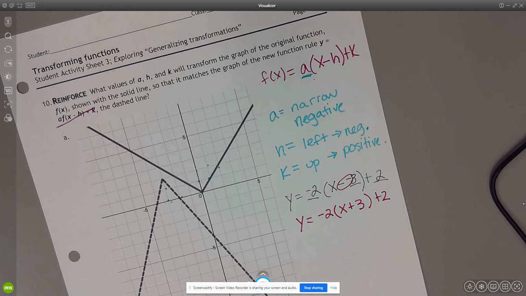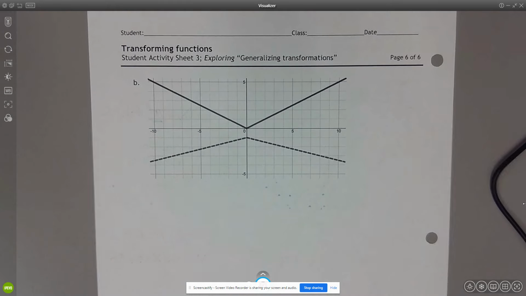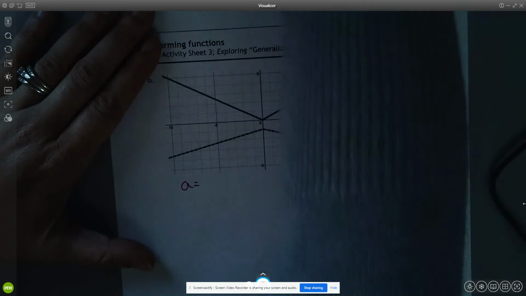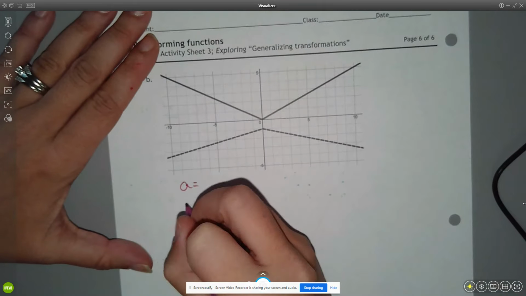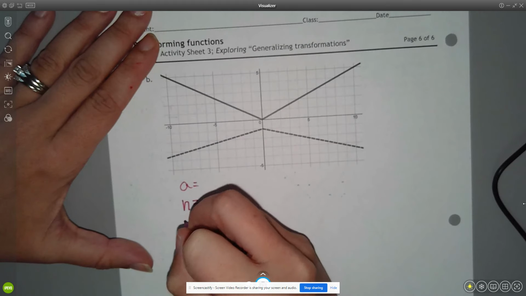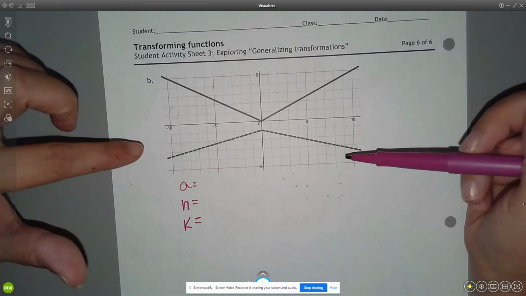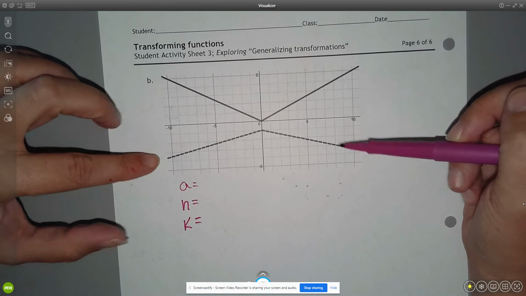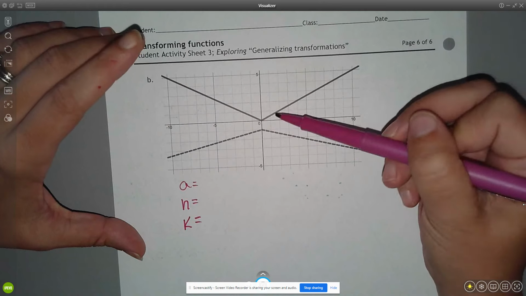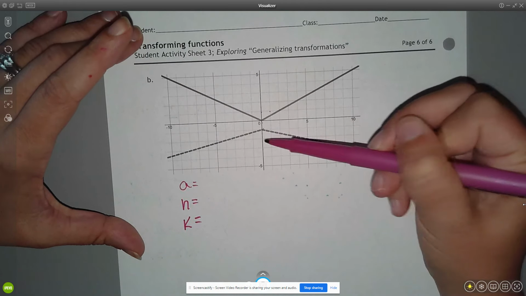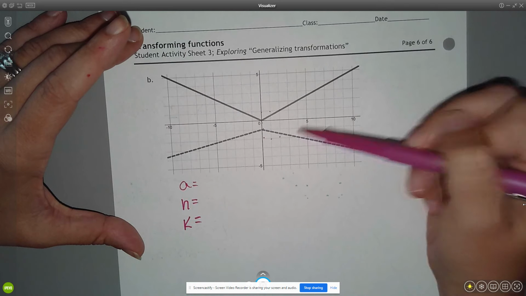So now let's look at part B. We're going to do the same exact thing here. I want us to describe what is happening with A, what is happening with H, and what's going to happen with K. From our original down to my dotted line, when I look at A, I see it goes up 1 over 2. Here it goes down 1 over 4.